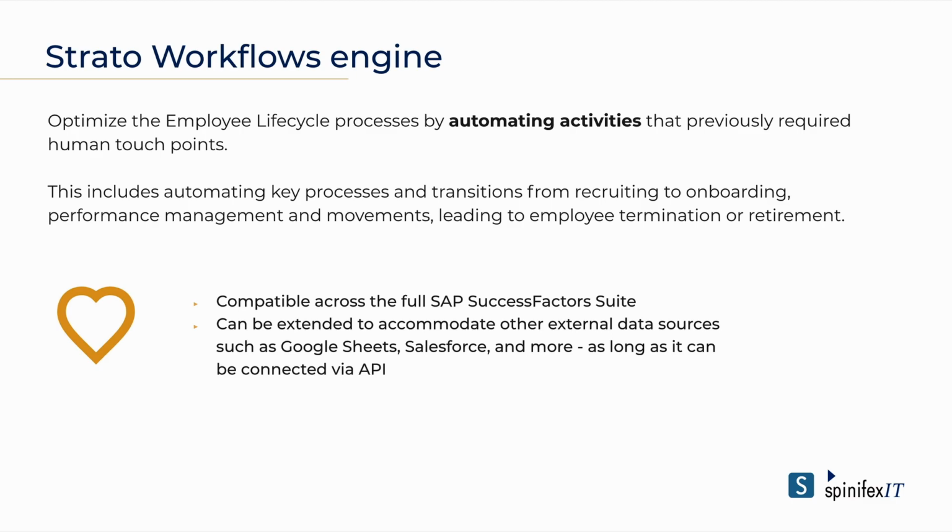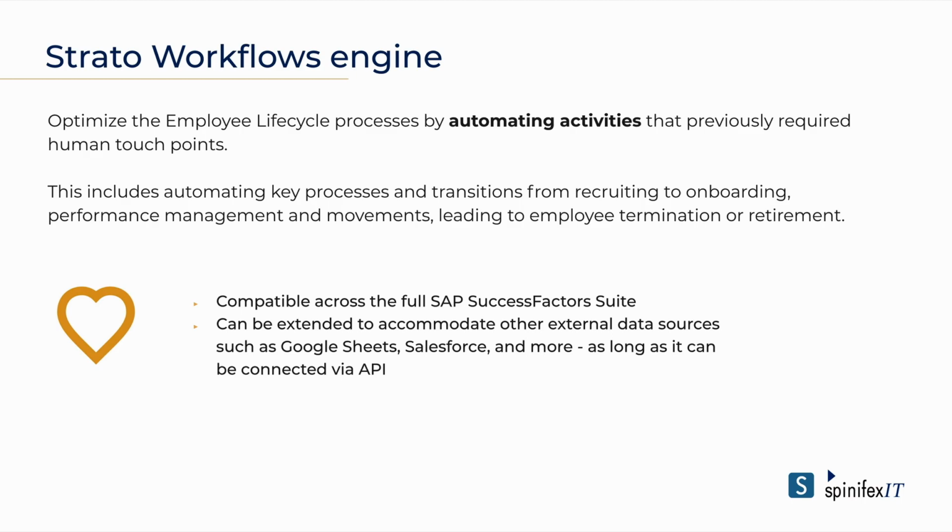And although we had some automation, it was not as powerful as what we have now. With Strato now, you can really automate a lot of processes and define what your process is within Strato.